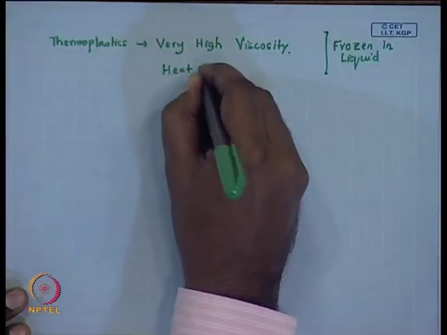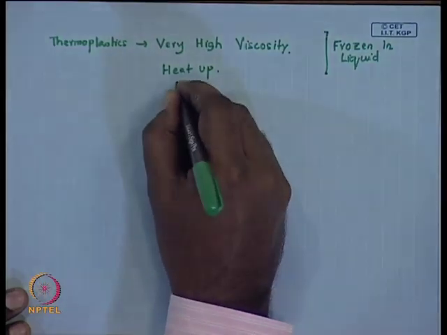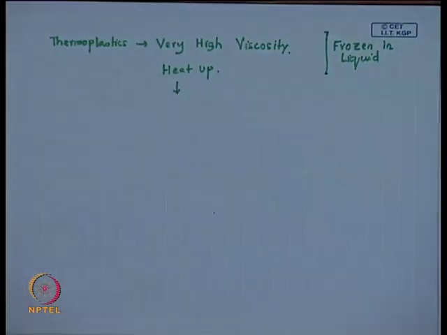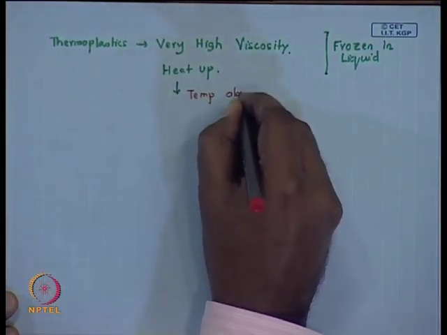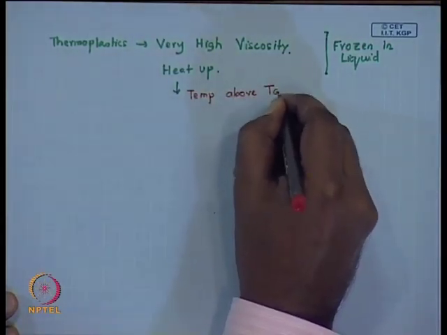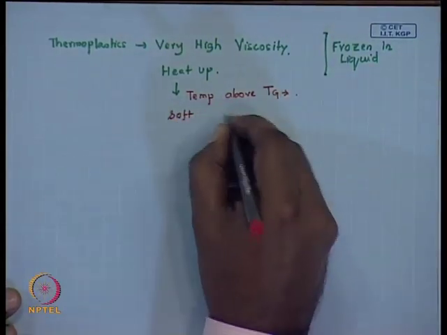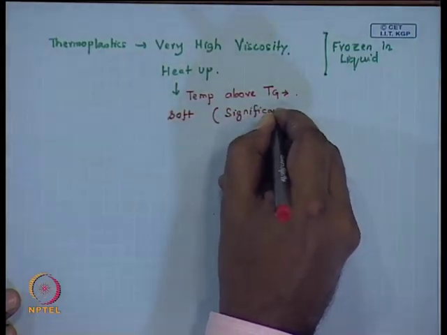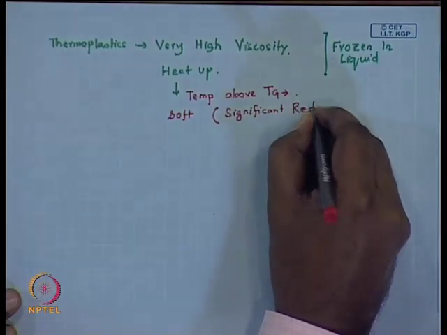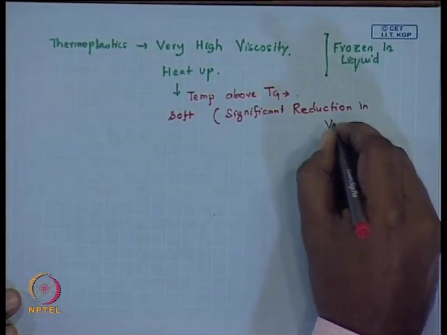Now, when you heat it up close to its glass transition temperature or to temperatures above its glass transition temperature, it becomes soft. That is, there is a significant reduction in viscosity.